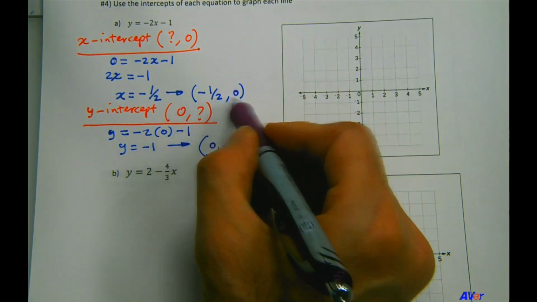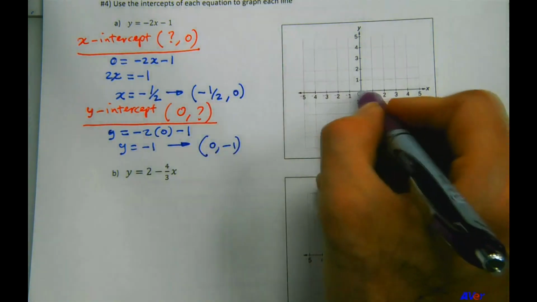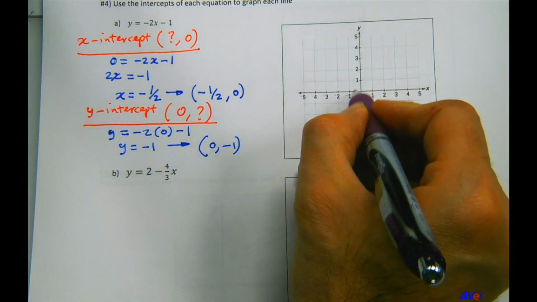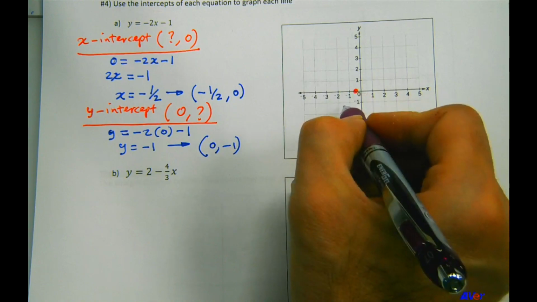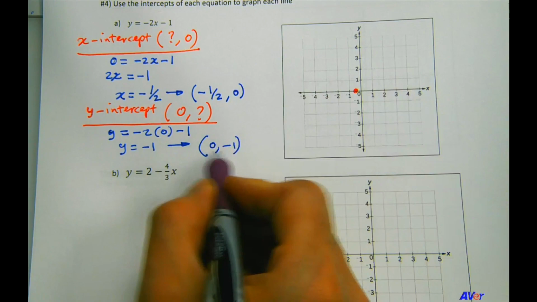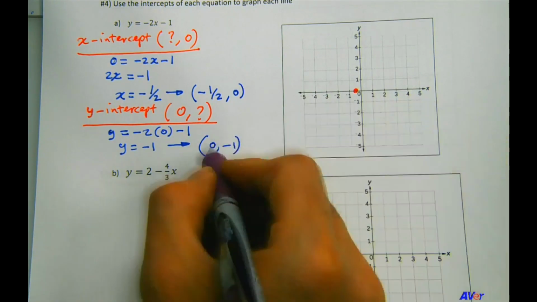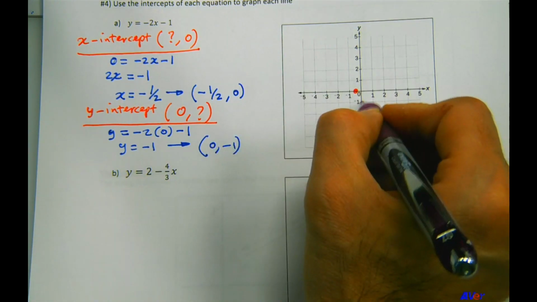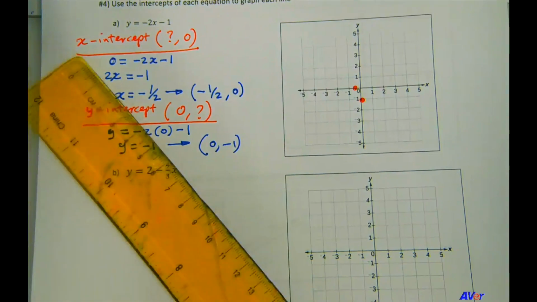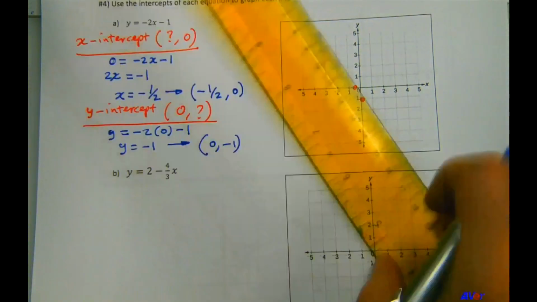Negative 1/2, 0, that means this is 0, negative 1. So negative 1/2, 0 is halfway between 0 and negative 1. Right there. And then 0, negative 1, that's on the y-axis, that's right there. Okay. So now we can connect those 2 points with a straight line.